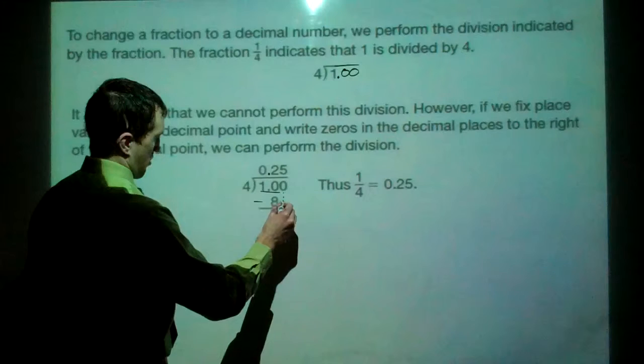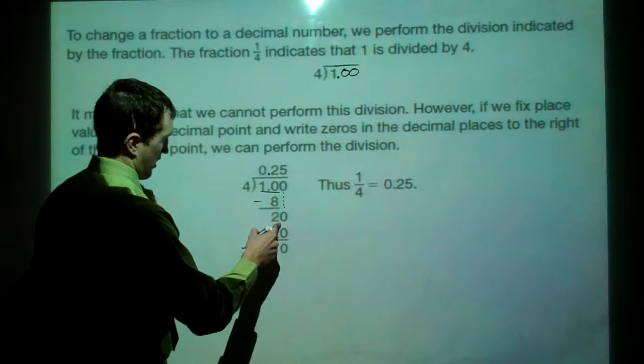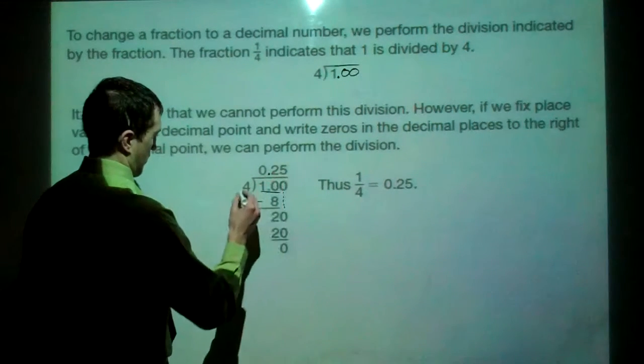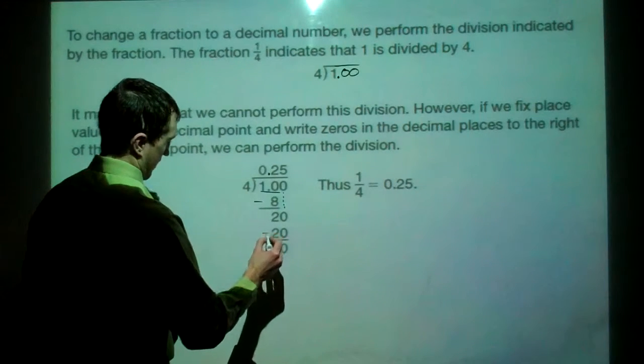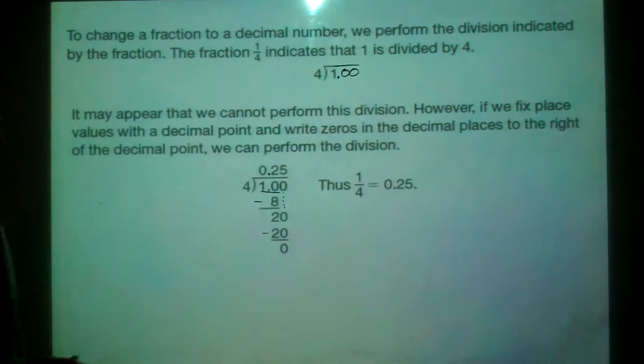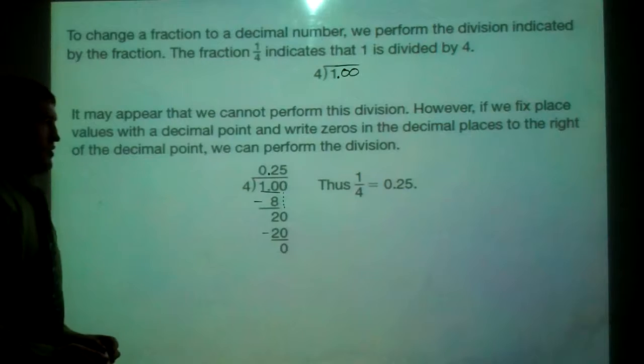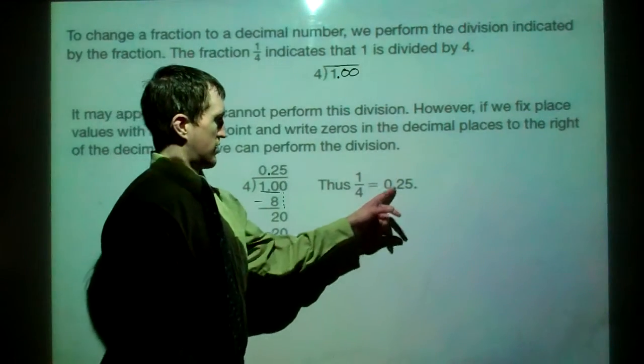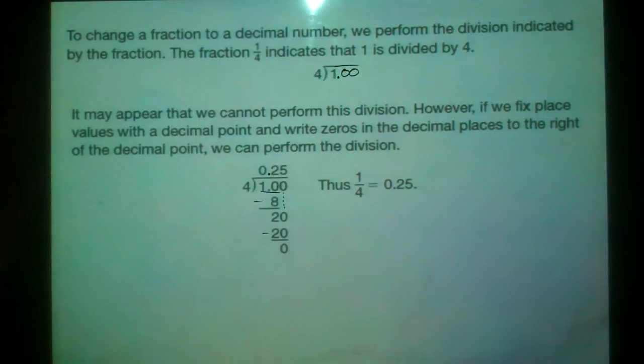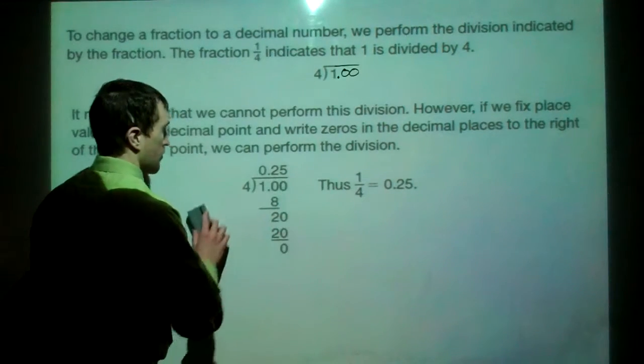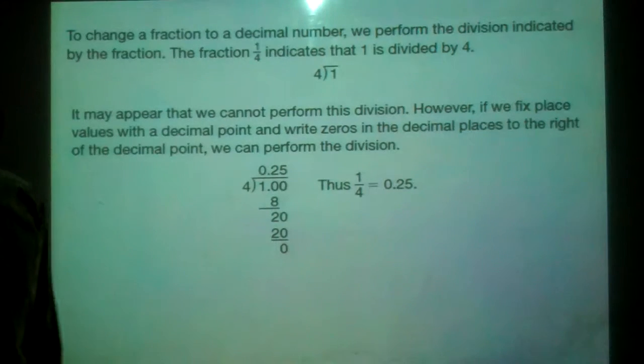Bring down our 0. 4 goes into 20 5 times. 5 times 4 is 20. Subtract again, we get 0. So then we know we're done. So they say that 1/4 written as a decimal is 0.25. And a lot of us might have known that already. But that's how we do it.